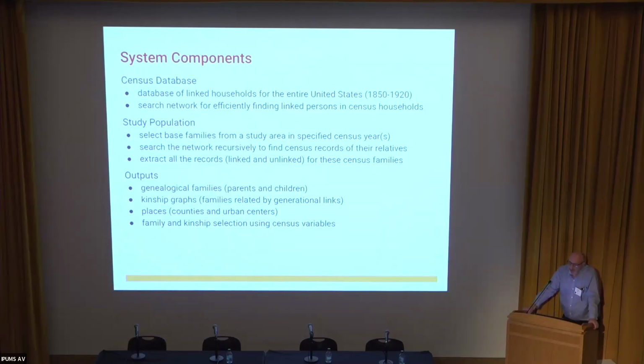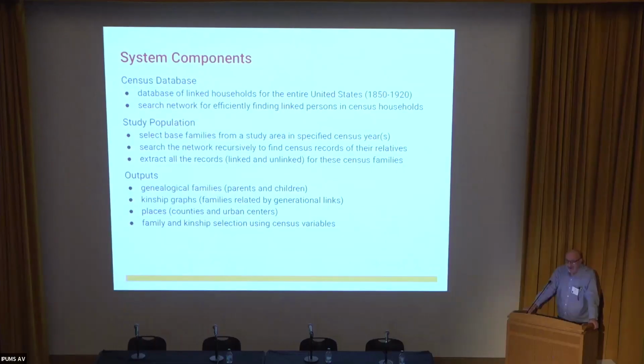So it's a recursive process where if you have linked people who exist in different places in different households year by year, you can find the other linked people in those places and then search for their relatives. So you'll end up with a study population that consists of not only the starting people, but their whole kinship extending throughout the period.